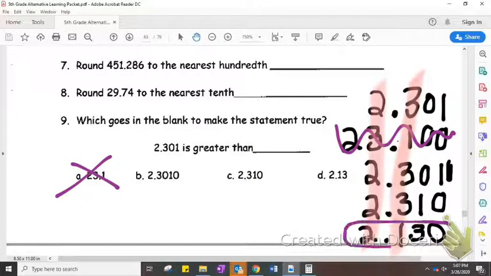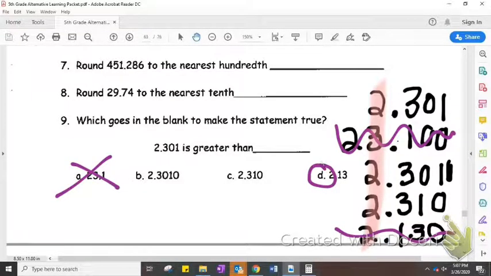That means that it's less than 2 and 301 thousandths. Okay? All right, so I eliminated that one.